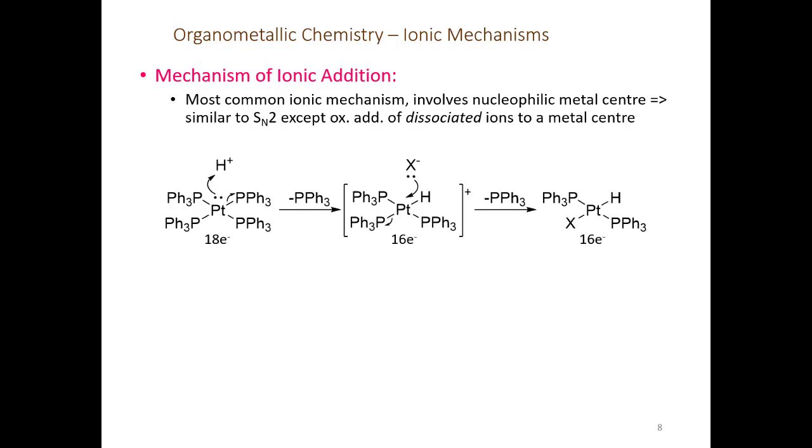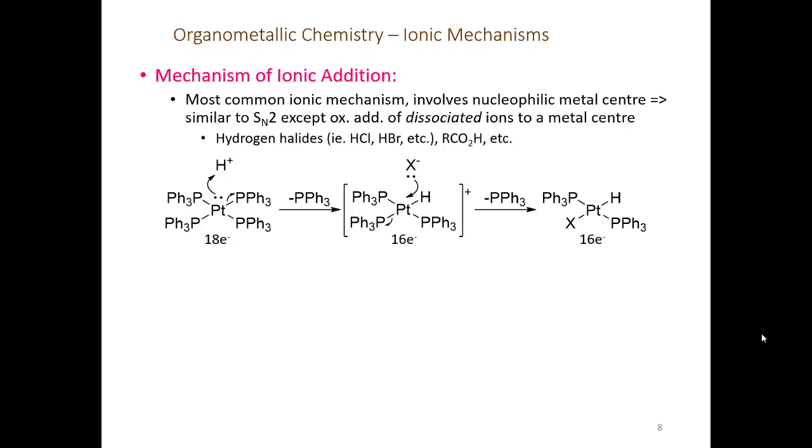Shown here, this is very similar to an SN2 where you have an electron pair on a nucleophilic metal center attacking an electrophile, except in this case, the electrophile is a dissociated ion. Then you can get coordination of the counter ion and formation of your final product.